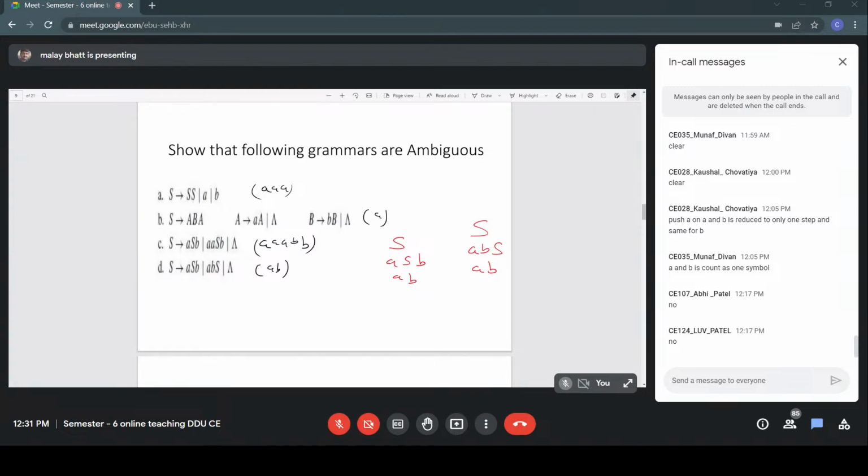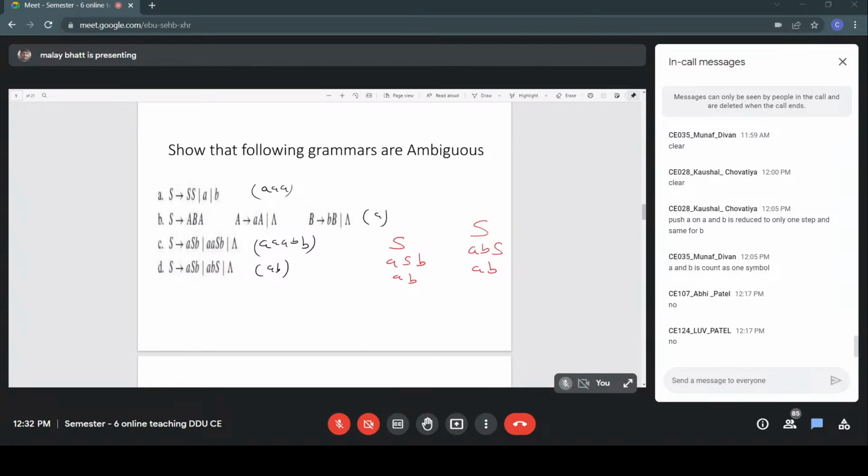Now let us see how we can have two different leftmost derivations from the first one. From S, we write SS. Now for the leftmost non-terminal, I will write A, S. Now for this S, I will write SS.